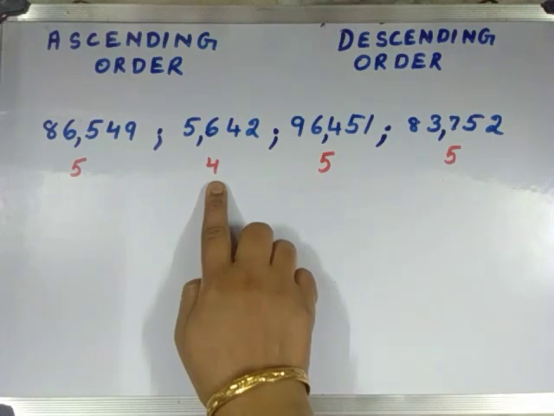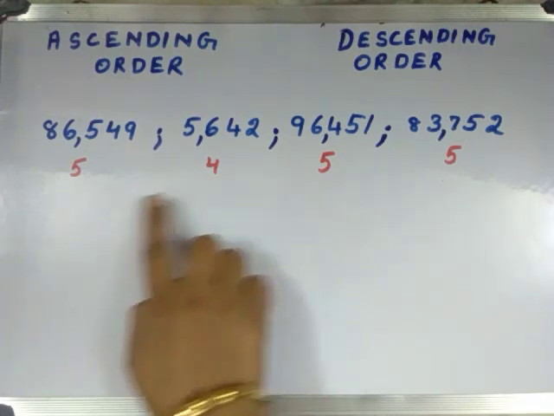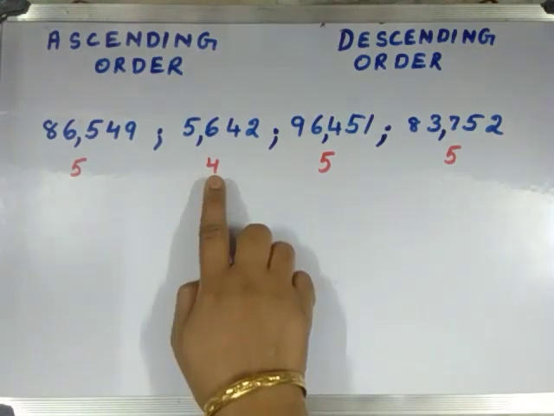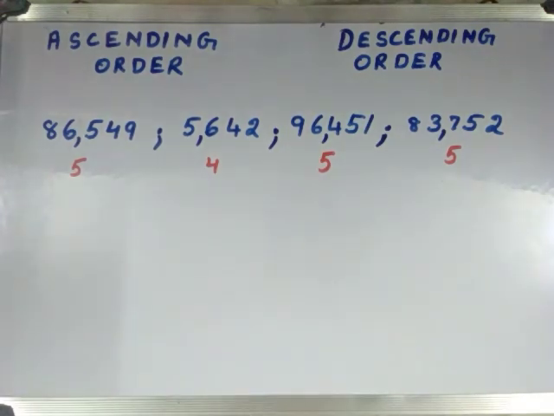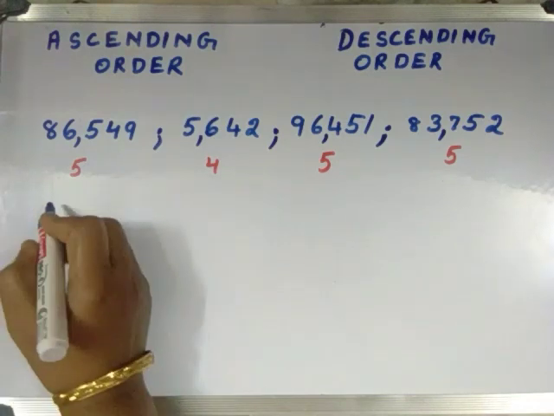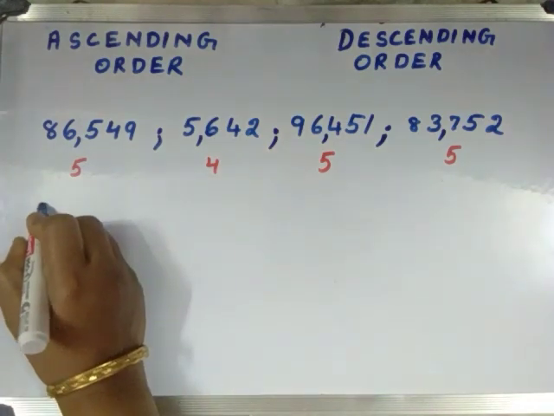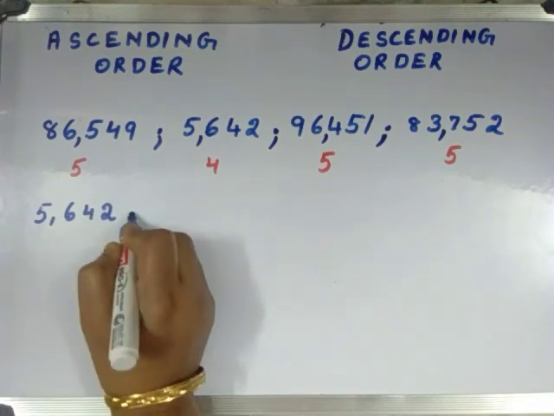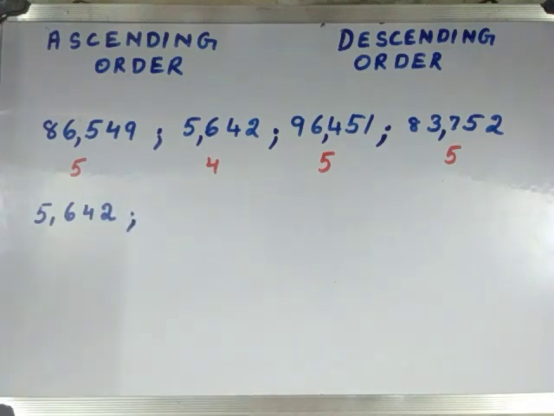So the number which has fewer digits compared to the others, that means this number with 4 digits, is the smallest among the others. So we write 5,642 first.